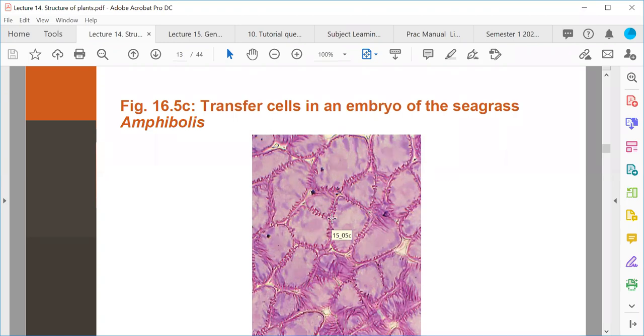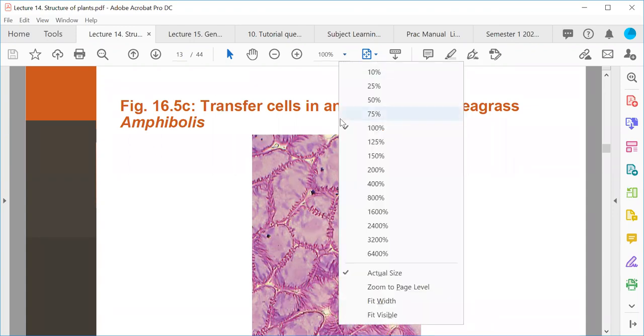And basically what that does is increases the surface area of the plasma membrane, and it allows more efficient transfer of materials between the cells of this embryo and the cells of the actual parent plant. So they're transfer cells.